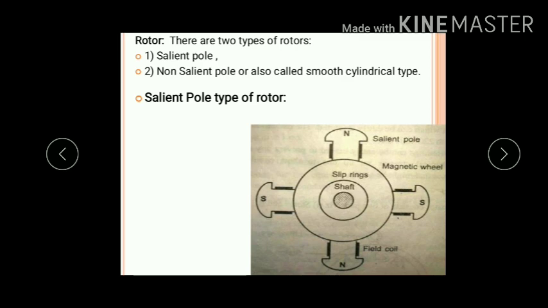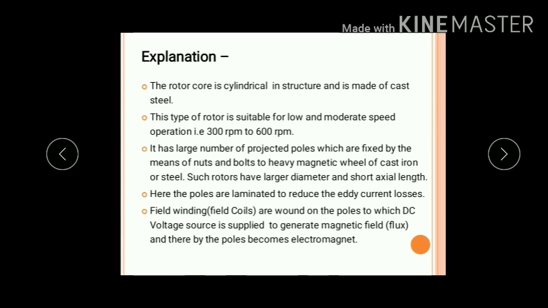Field coils are wound on the poles, to which a DC voltage source is applied to generate magnetic field, and the poles become an electromagnet. I hope the construction is understood to you. So this is the explanation.